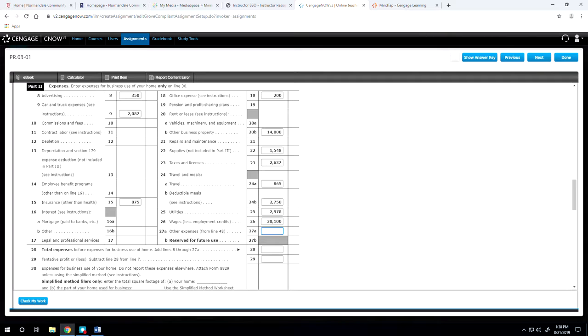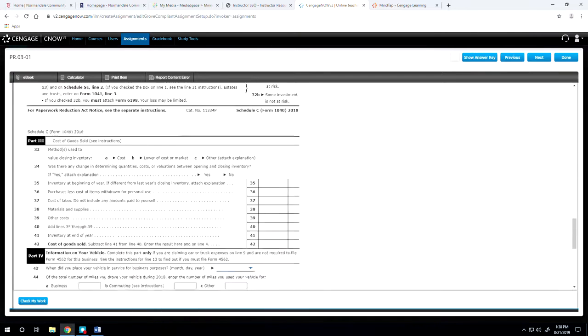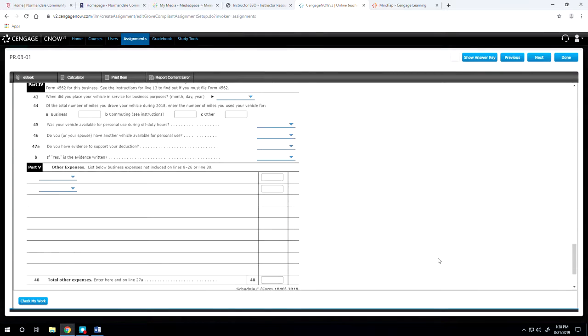And then other expenses from line 48. So let's go look at line 48. What are they talking about with line 48? Here's line 48. Are there any other expenses that we didn't list already? And there are. There was continuing education, which was on the income statement, $300.